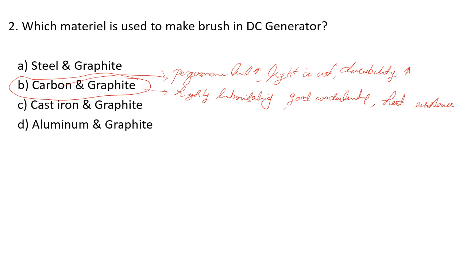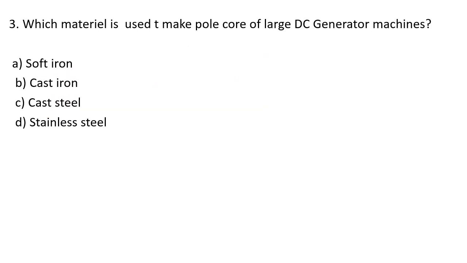Due to these properties, normally carbon is used to produce brushes in smaller capacity machines, but for larger machines, electrographite brushes are normally used. That's all about this question.